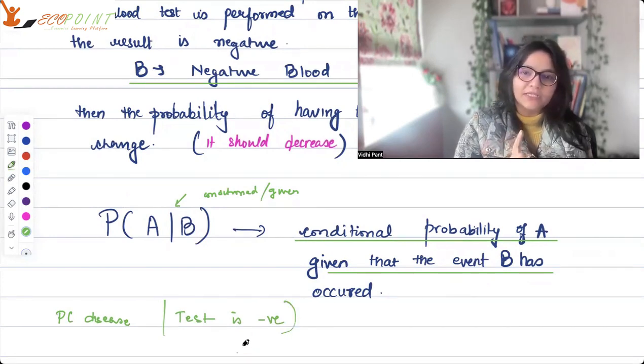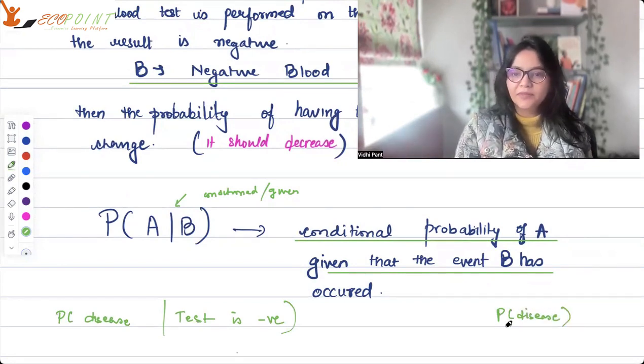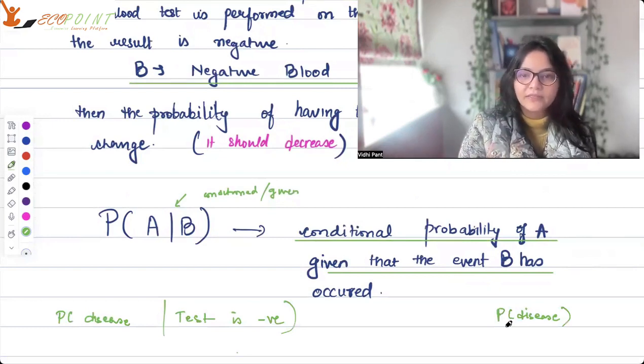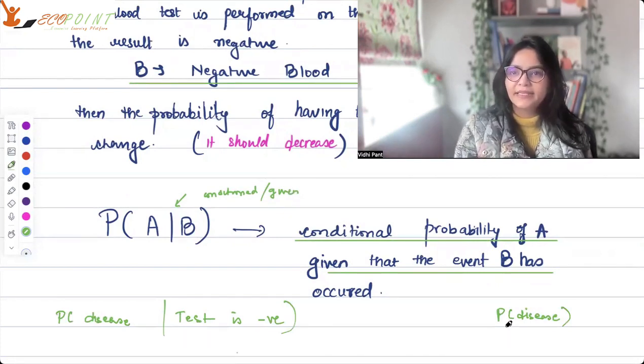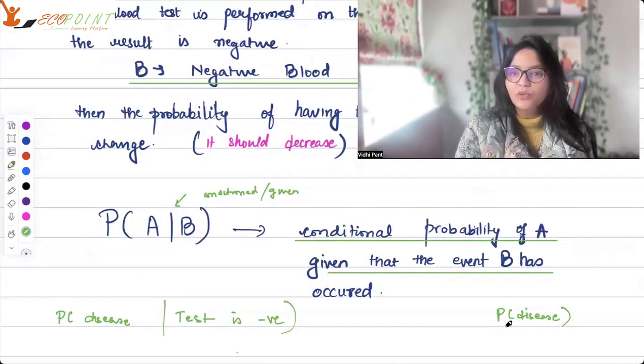Now think about it. If you consider the probability of this person having a disease because this person has certain symptoms, without taking the blood test, you would feel that the probability is something like 80% chance, 70% chance. But the moment you take the test and the result is negative, what would you logically think?